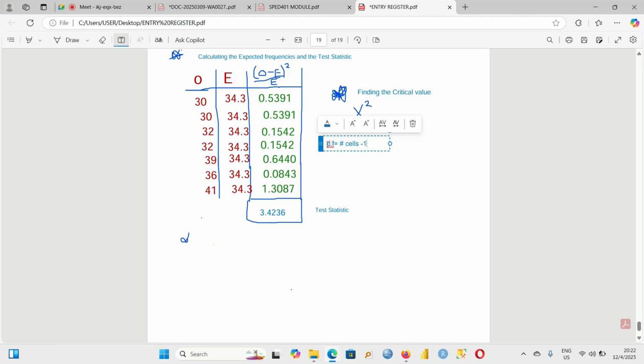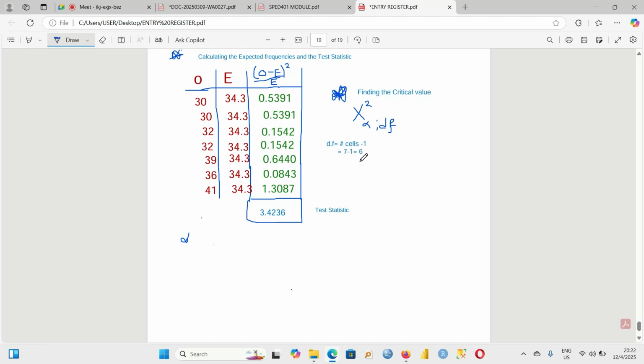My cells are the numbers we add to get the test statistic: 1, 2, 3, 4, 5, 6, 7. 7 cells. So it's 7 cells minus 1, and we get our degrees of freedom equal to 6.